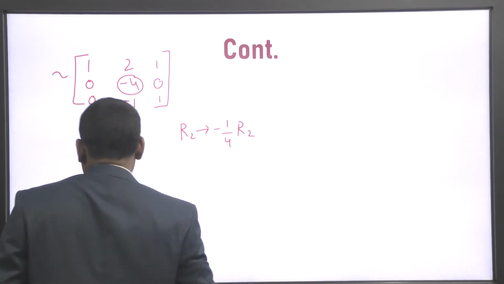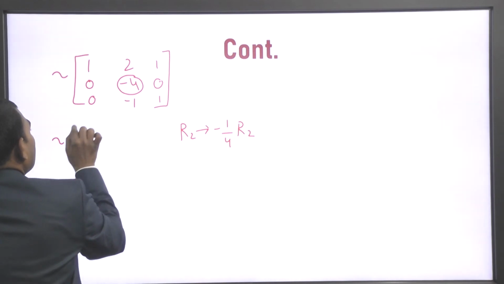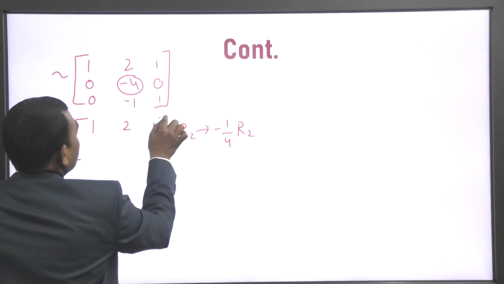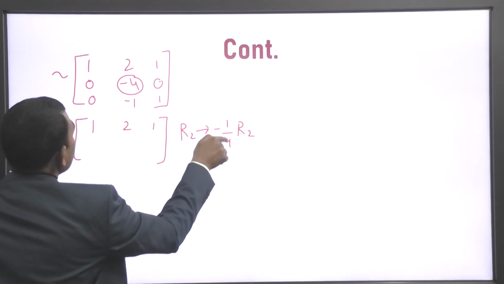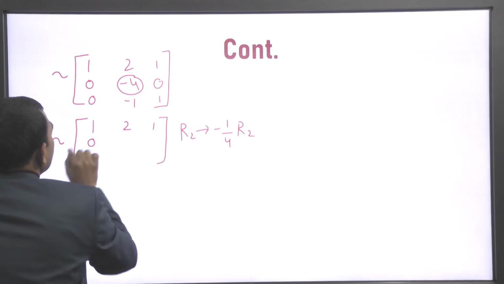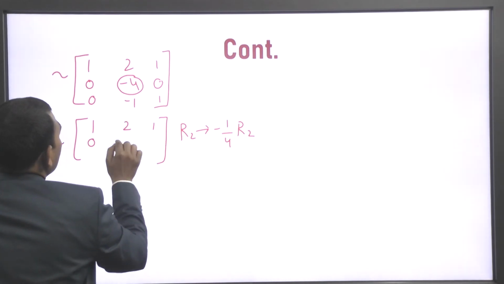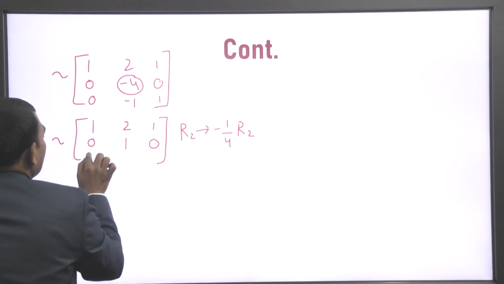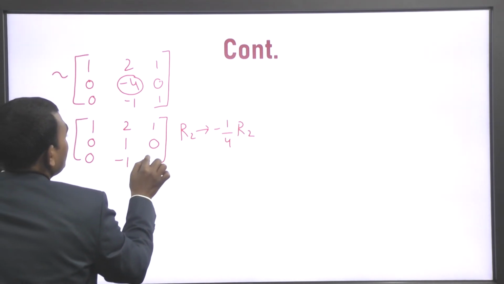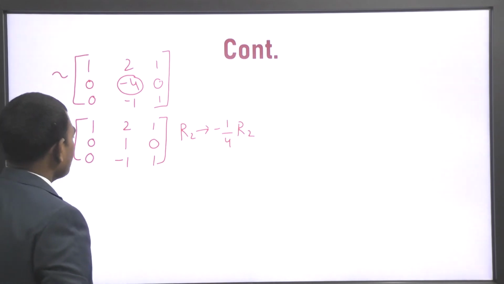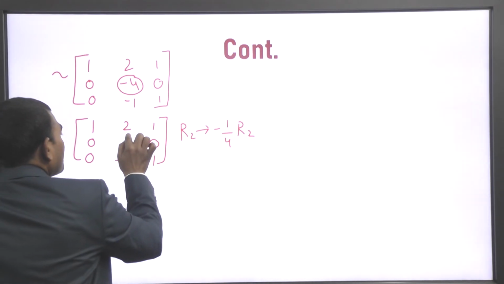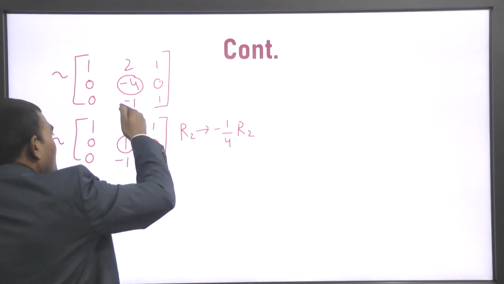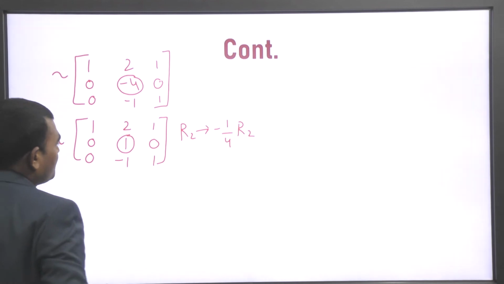Then the equivalent matrix will be: the first row will not change, the second row will become 0 1 0, and the third row will not change, 0 minus 1 1. Now with the help of this element we will make the other elements of the same column 0 by row transformations.